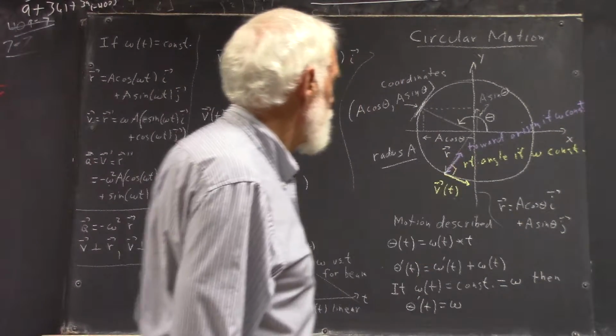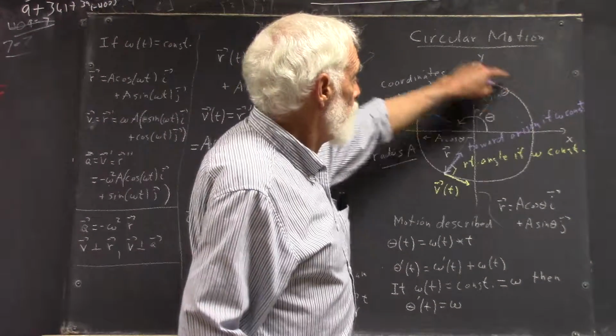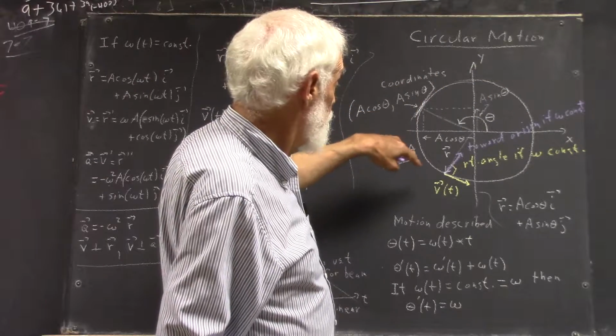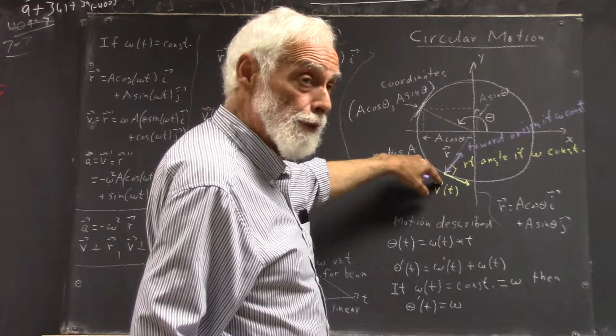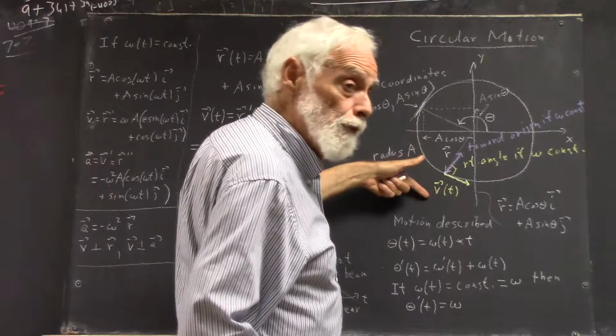Okay? So there is a picture of uniformly accelerated motion, of motion around a circle at uniform angular velocity, or uniform speed v.